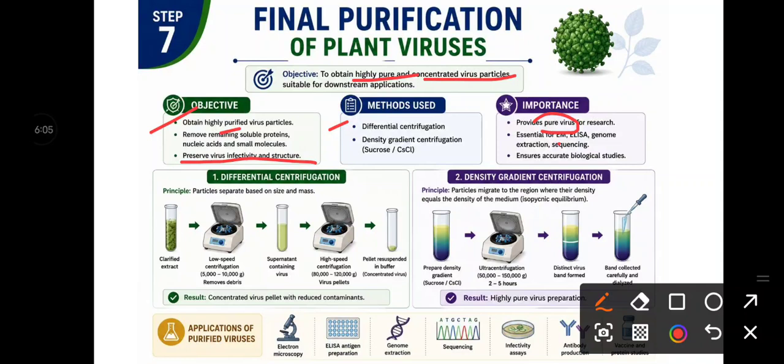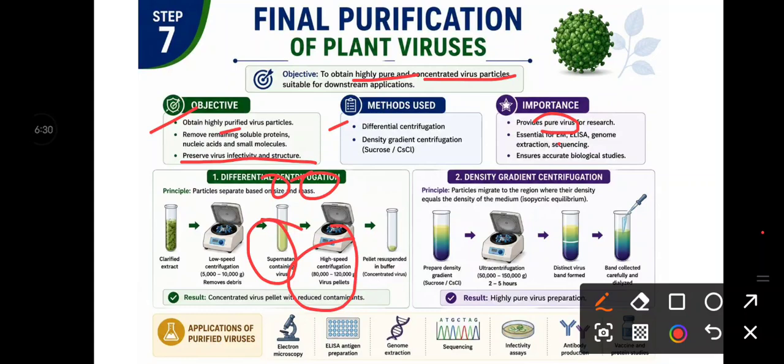The first one is differential centrifugation. Here the particles are separated based on size and mass. The supernatant we have collected after the partial purification process will be subjected to high speed centrifugation at 80,000 to 120,000.